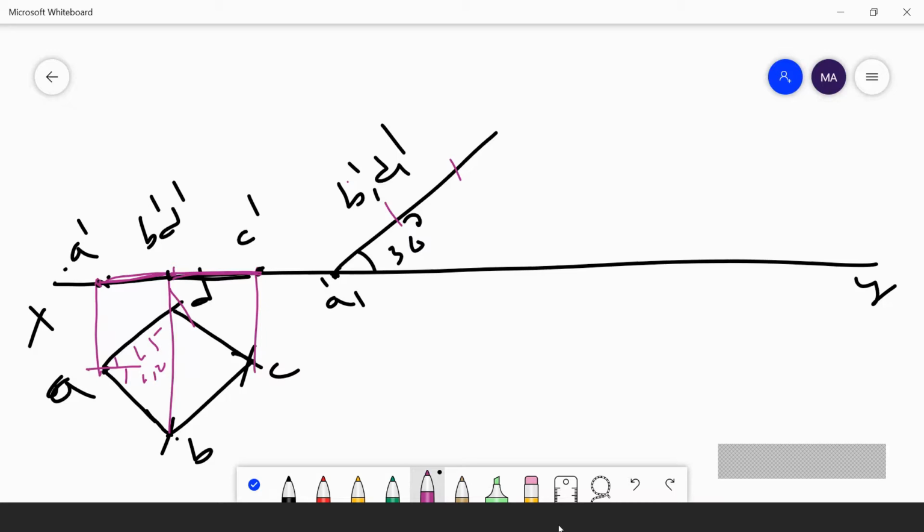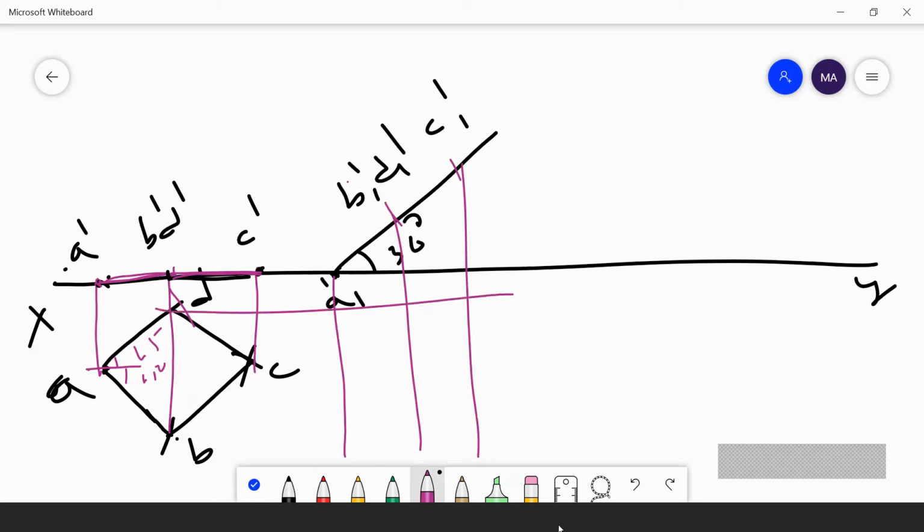I will get the point C1 dash. Now I am projecting A1 dash downward, D1 dash downward, C1 dash downward. I am projecting D right side, AC right side, C right side. Okay, I am marking the same points here.